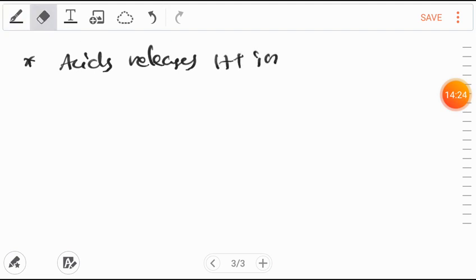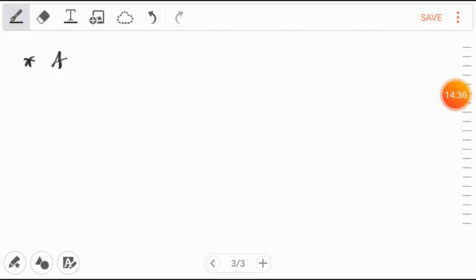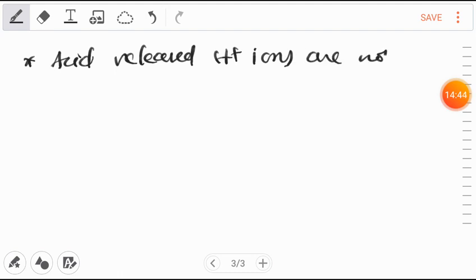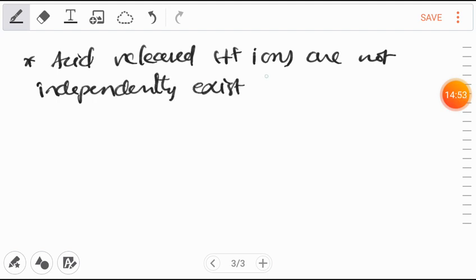The released H plus ions do not exist independently.